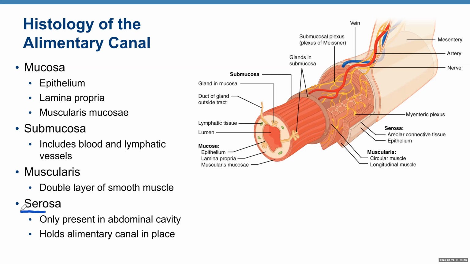The esophagus, for example, is not covered by serosa because it's not in the abdominal cavity, so it's covered by adventitia. Adventitia is connective tissue. Serosa is made of areolar connective tissue and epithelial tissue.